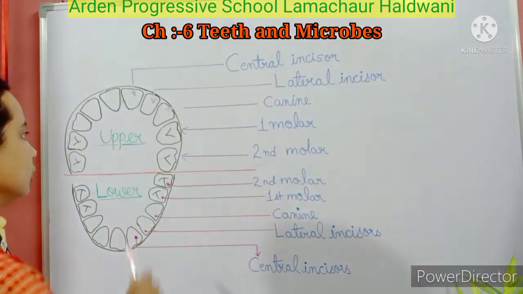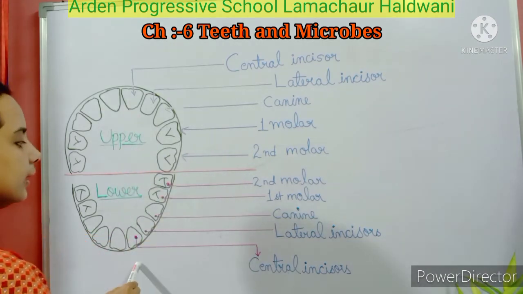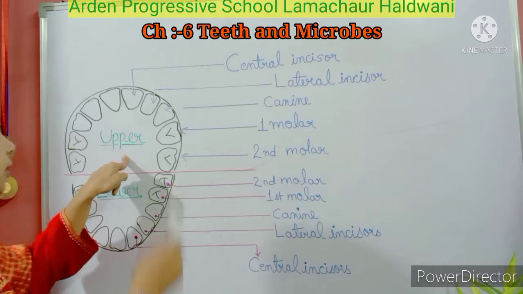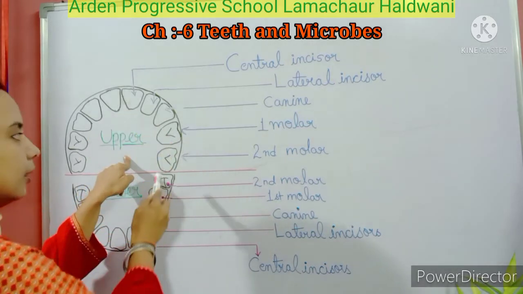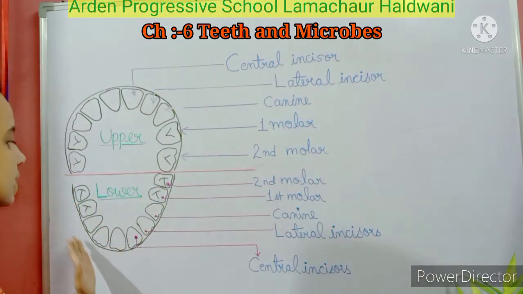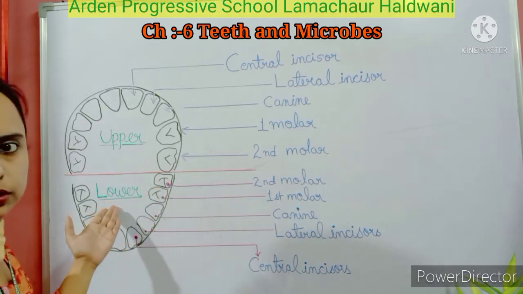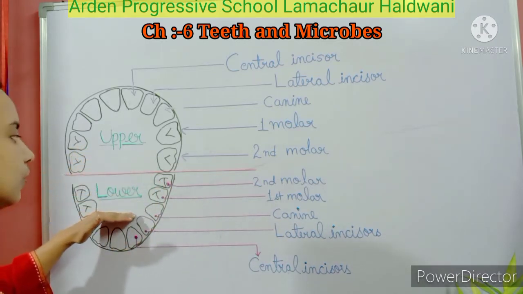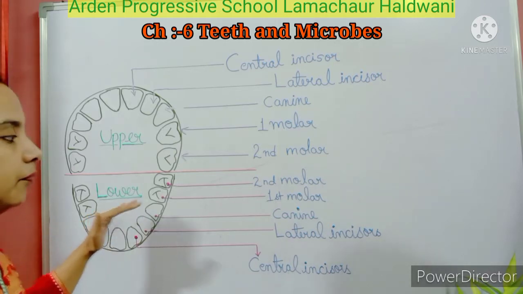So this is the structure of your teeth, the dentine structure. This is the upper structure, the teeth present on your upper jaw, and the teeth present in your lower jaw.